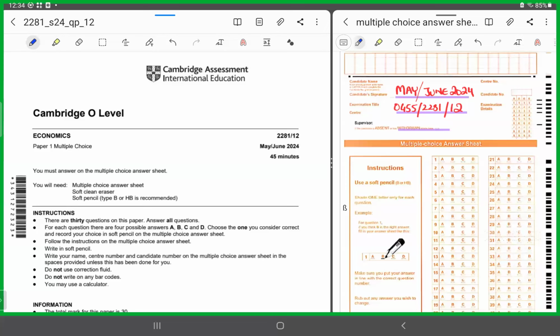Do not dwell more than 1.5 minutes on each MCQ. I repeat, not more than 1.5 minutes should be spent solving each MCQ. The first 20 questions will be based on microeconomics topics. The last 10 would be referring to the macroeconomic topics.